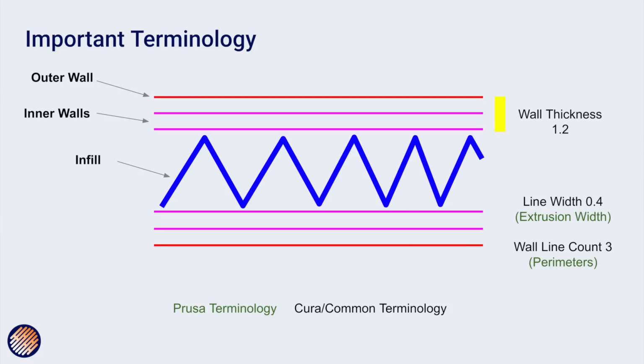So both Cura and Prusa have a concept of the total size of the wall that's defined by a number of lines called perimeters in Prusa, and then an extrusion width for each of those lines called line width in Cura and extrusion width in Prusa. And then you can fine-tune that by fine-tuning the extrusion multiplier in the case of Prusa or the flow rate in the case of Cura.